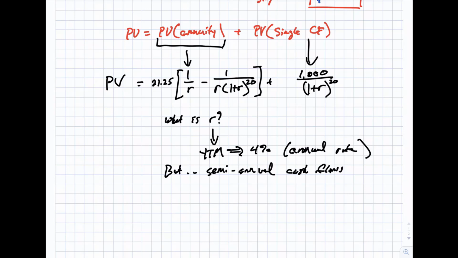So simple adjustment here. We're going to take the yield to maturity and divide it by 2. And so we'll say the semi-annual R is 2%.